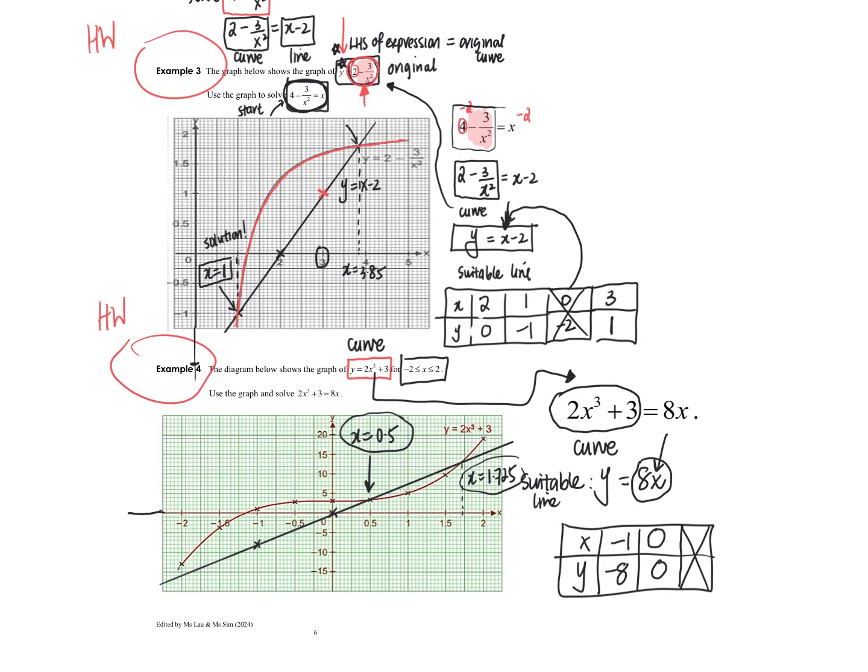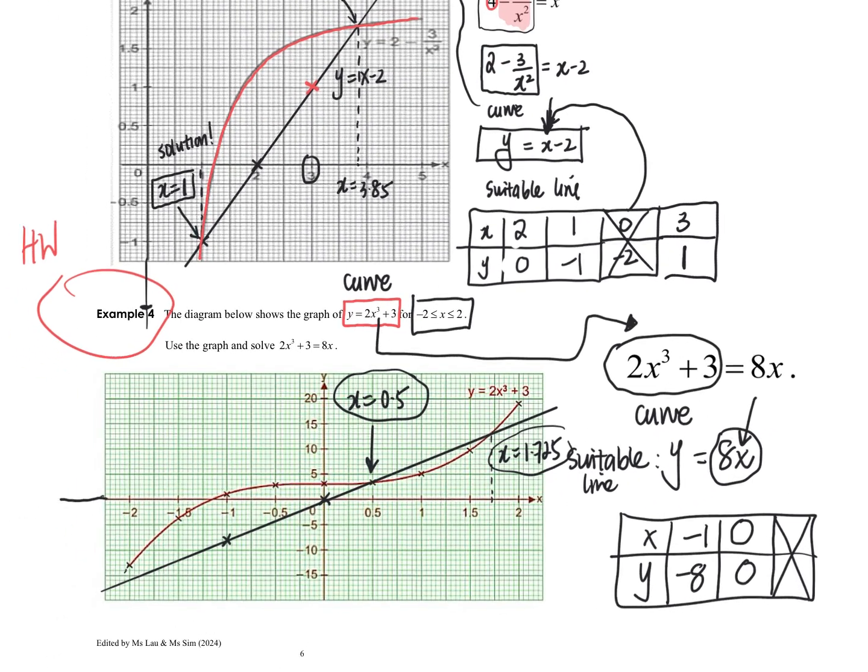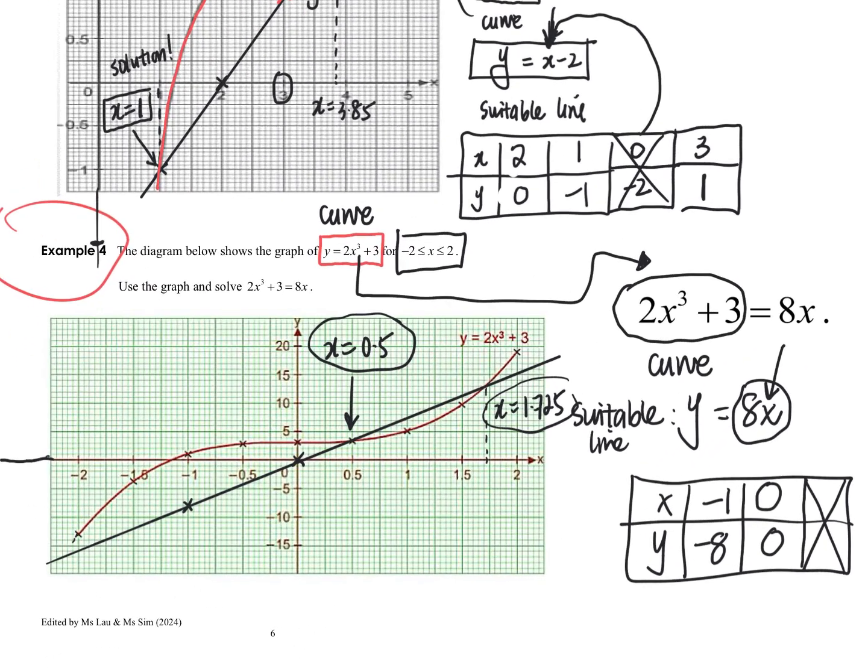Okay? So suitable line is the only new thing, but it's not totally new to you. Yes. Can. Also, is it very obvious? 1.7.